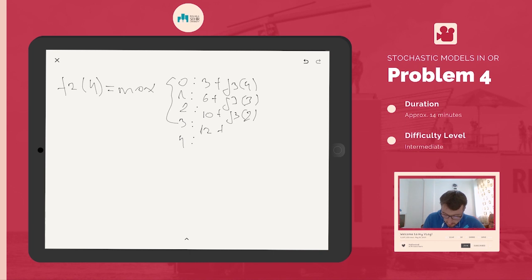Invest $3 here and go to the next one with 1, and invest $4 here and go to the next one with 0. So we have 3, 6, 10, 12, 14. F34 is 15.